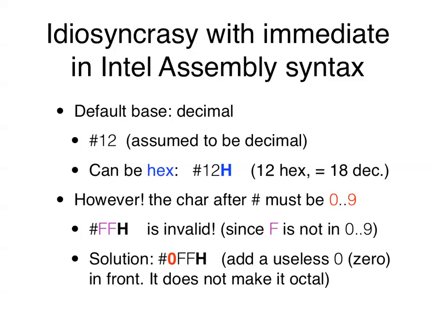It has no way to tell that it's hexadecimal. Just because it ends in an H doesn't automatically make it hexadecimal. It can't guess. So in Intel assembly syntax, if you want a hex literal that does not begin with 0 through 9, you have to insert an extra 0. To say FF, which is very common, 11111111, you actually have to say pound sign 0 and then FF and then H.